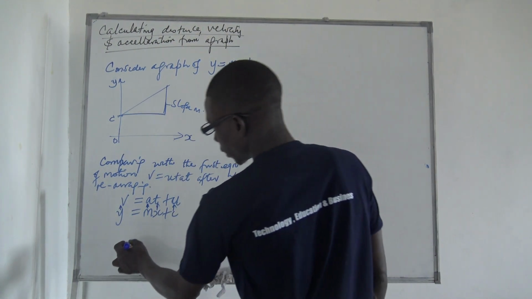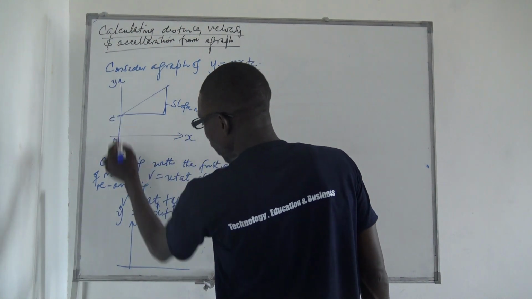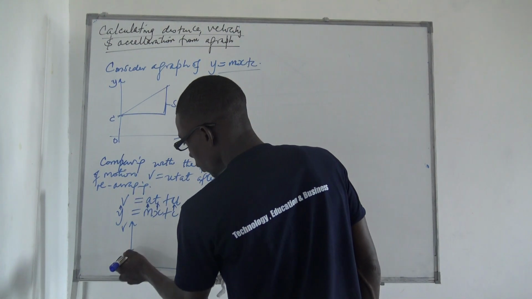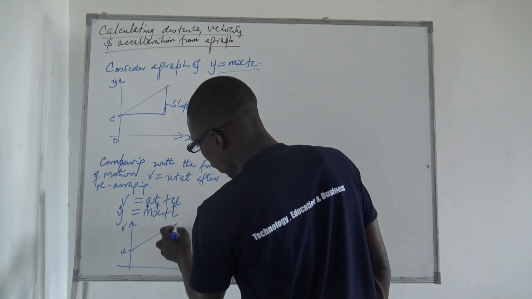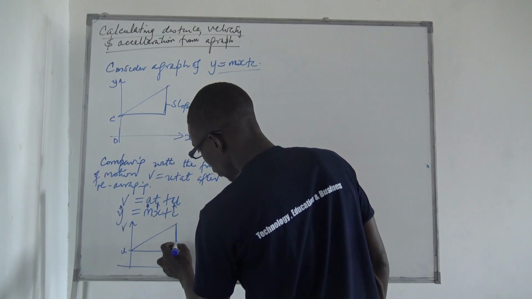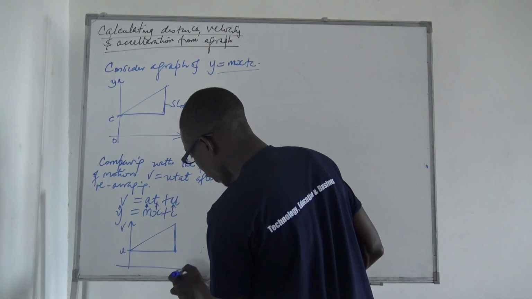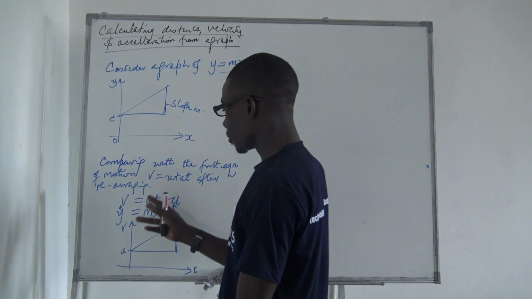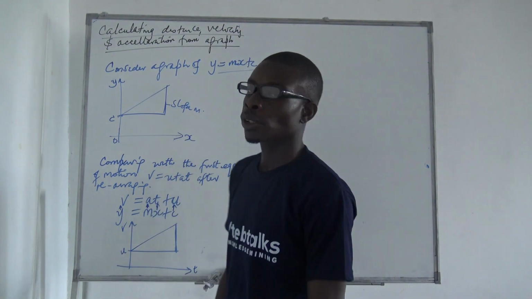So it will mean that I can draw this graph where there is y here, I can put v. And where there is c, I can put u. The graph still will be like that. And then what we are calling the slope, here, as we are plotting x, for us we are plotting t. X is t. What we are calling the slope m, for us is acceleration.